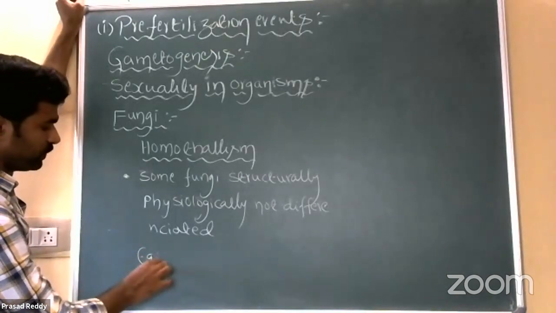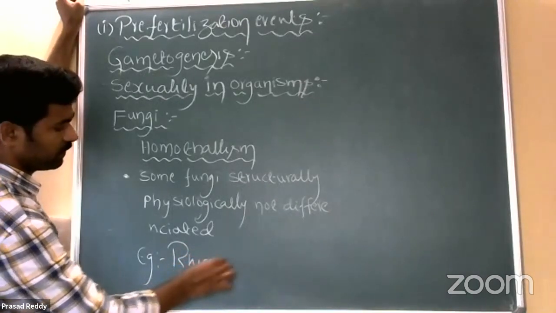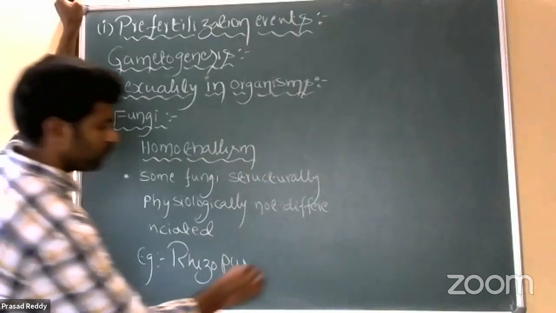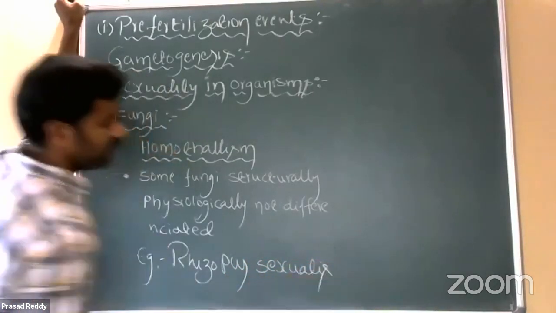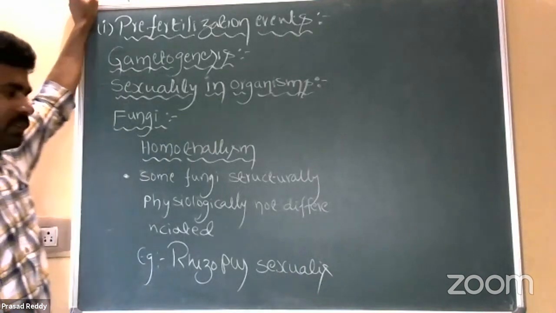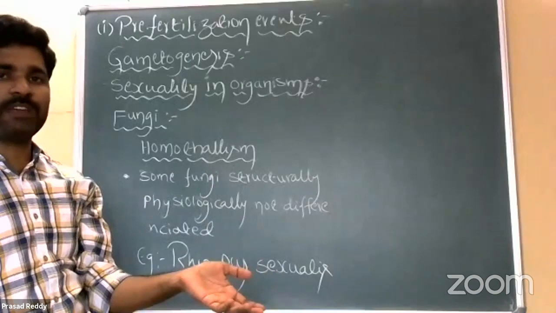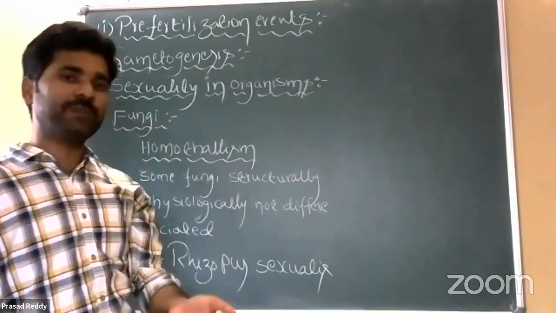So the best example for this is Rhizopus sexualis, Rhizopus, bread mold. That Rhizopus sexualis is not differentiated into male fungi or female fungi. Why? Because structurally they are similar, physiologically they are similar.